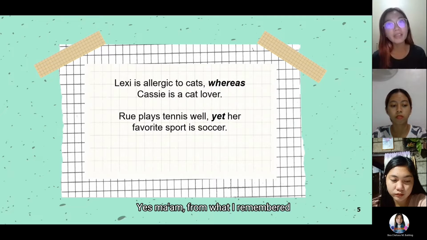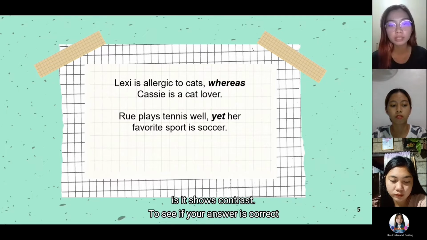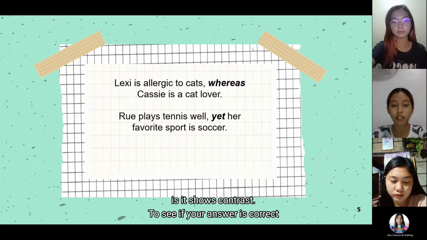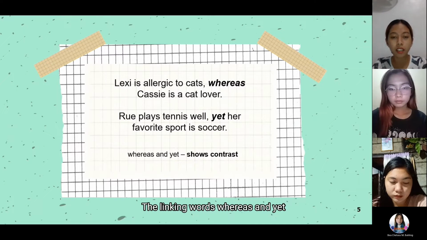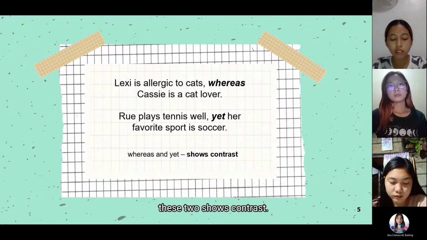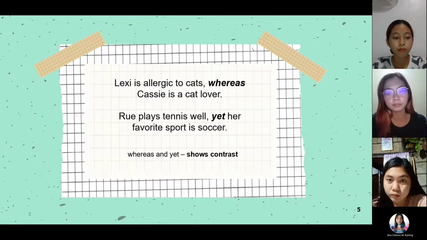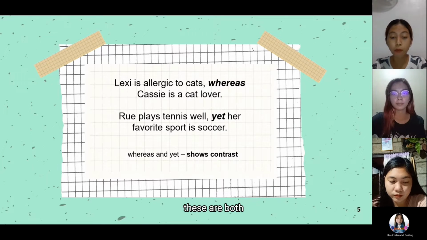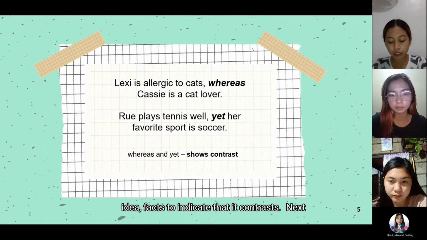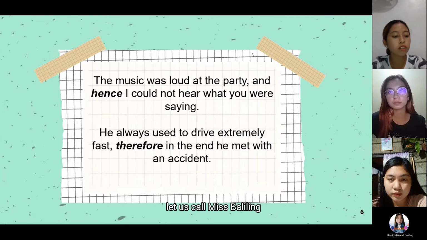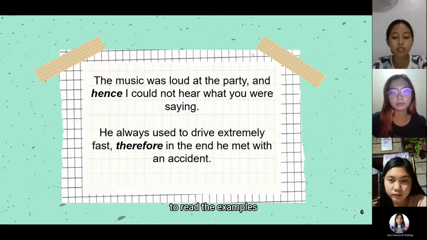From what I remember, it shows contrast. The linking words whereas and yet show contrast. They are both used to connect two sentences with different concepts, ideas, or facts to indicate that they contrast.